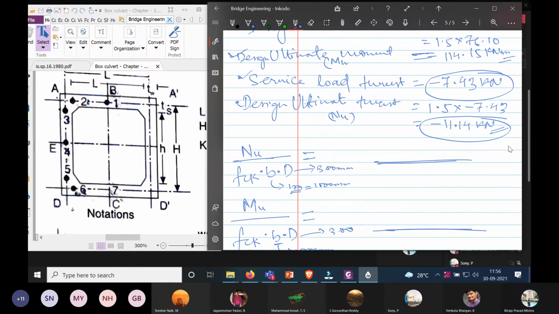Next, Harisai Teja. What is the value? Next, Giri Prasad.